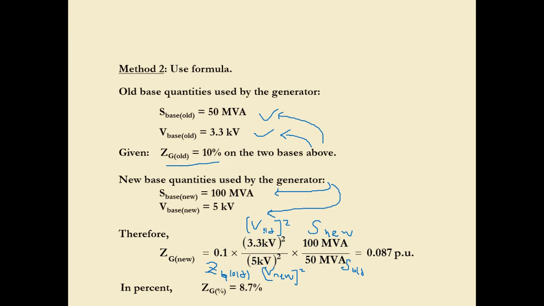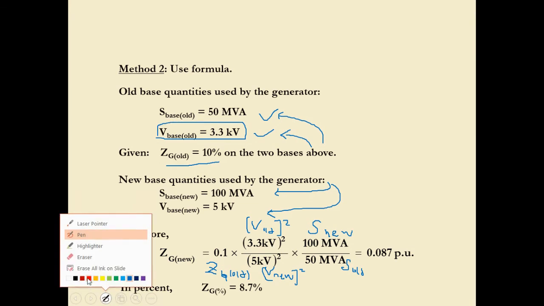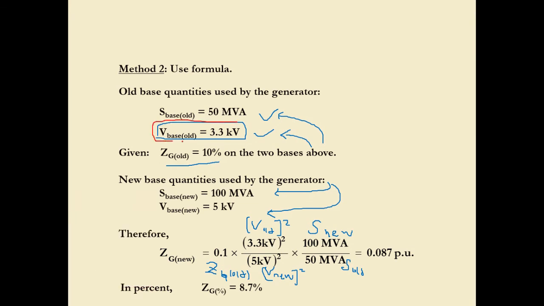So V base old is this one. Let me change the color. All this one goes into this formula, and then over V new, V PU new is V base new. Put it down. And then come to the S part, the power part.